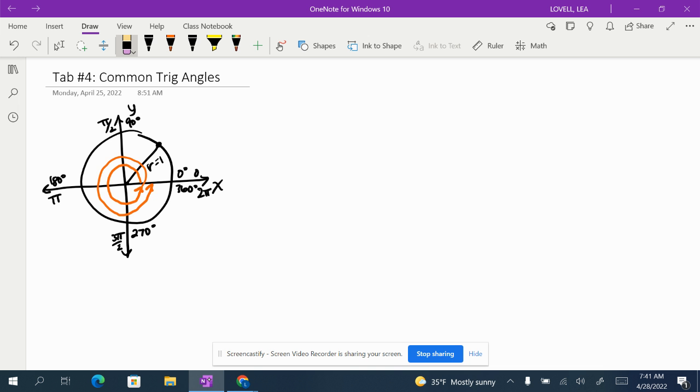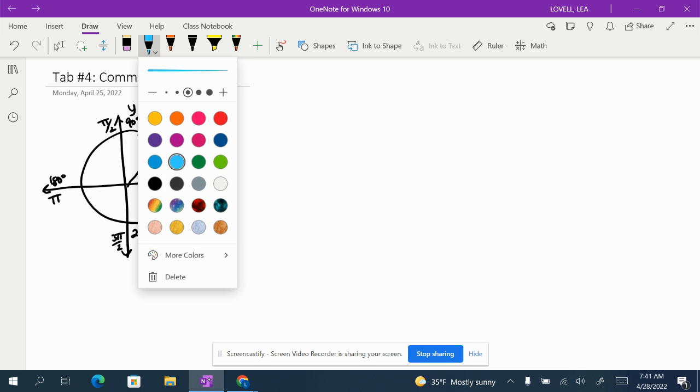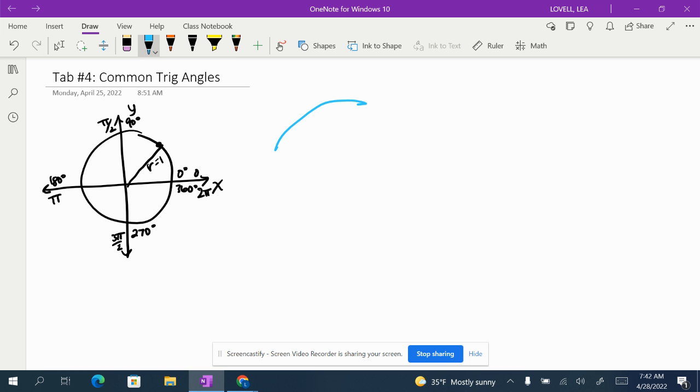When do we use trigonometric functions? We use them all the time in the real world to model things in nature, population, stuff like that. Let's say I'm watching the waves come in. The wave comes in, it crashes, and then the tide goes back out. A few seconds later, another wave comes in, it crashes, and the tide goes back out.